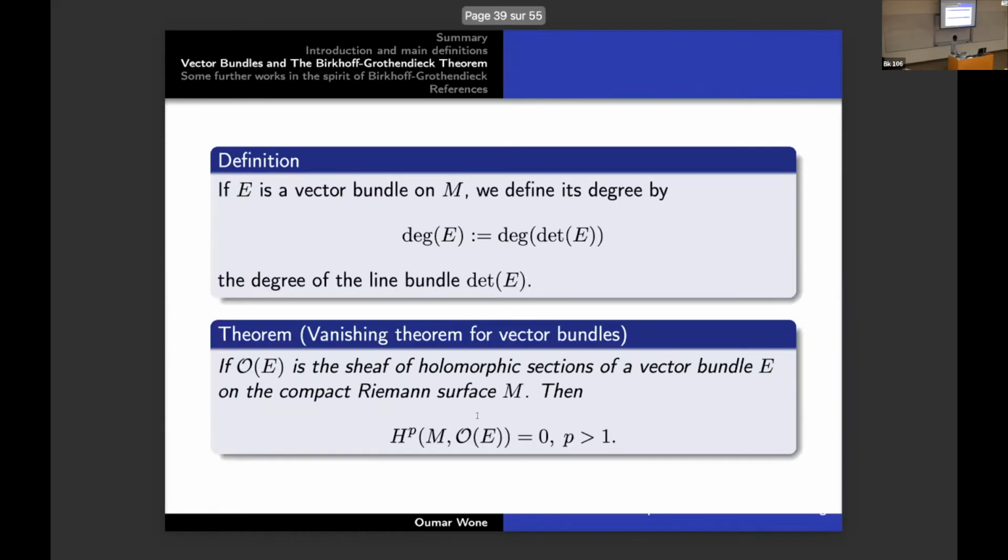And with this, we can define the notion of the degree of a vector bundle on a Riemann surface. It is the degree of the determinant line bundle of E. And similarly, as in the case of line bundles, we have the vanishing theorem.